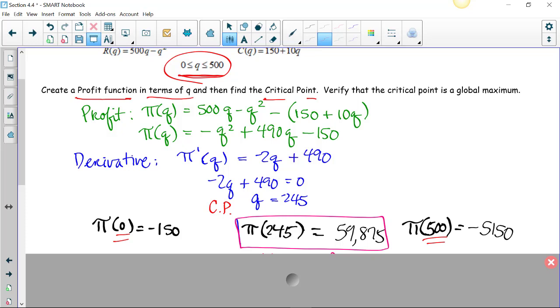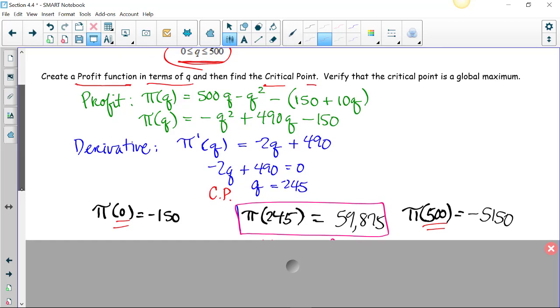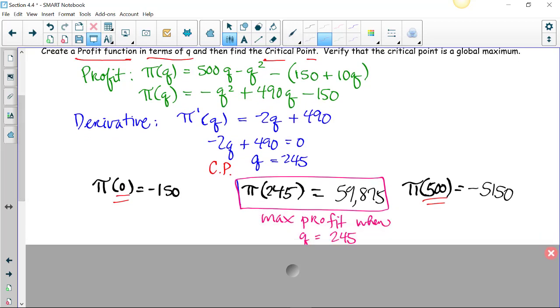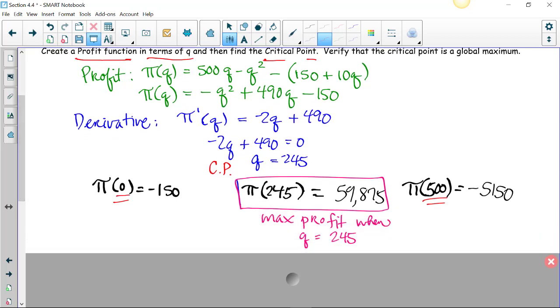When I put the critical point, 245, into the profit function, I end up with the largest number. So the maximum profit is when production is at 245 items, and our maximum profit would be $59,875.